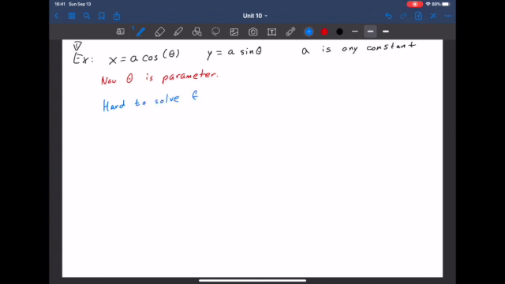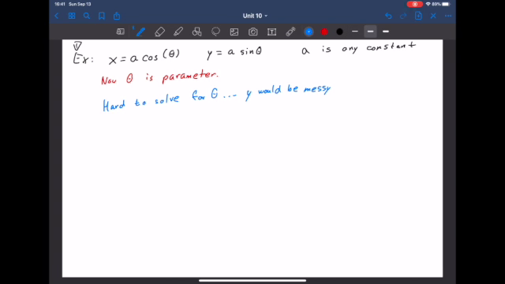Now, again, you might be thinking, well, no, it's just an inverse trig situation. But it's hard to solve for theta. Even if we used inverse trig, y would be messy. So we have to do something else to get a nice equation.